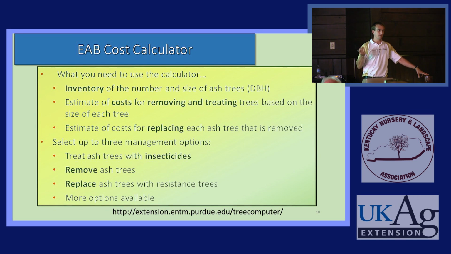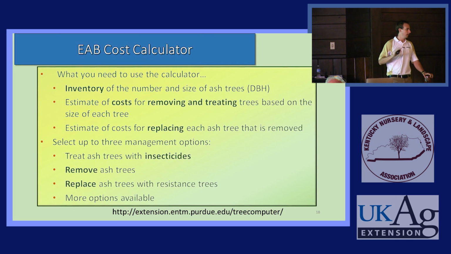I can't afford the treatment costs now because I under budgeted. It's kind of like a boxer going into a fight not knowing who his opponent is. The guy ends up having a 6-inch reach on him and he's in big trouble. He wasn't prepared for that. It's similar to that. This is the first step in managing any EAB situation, any ash forest.